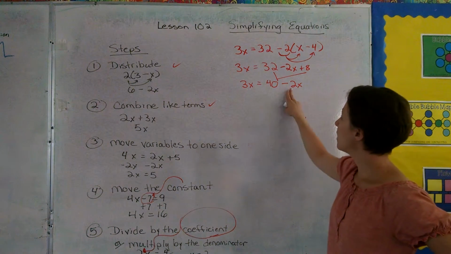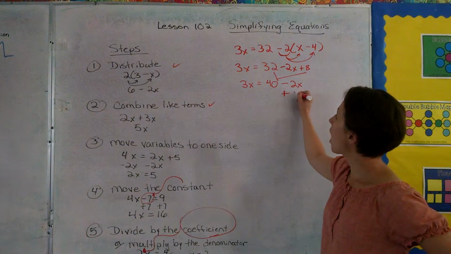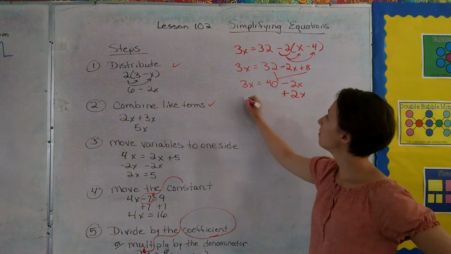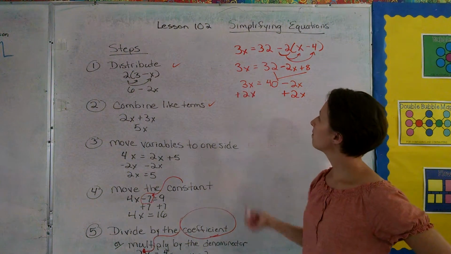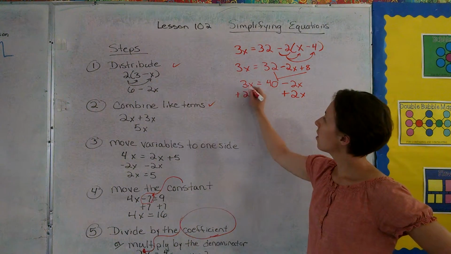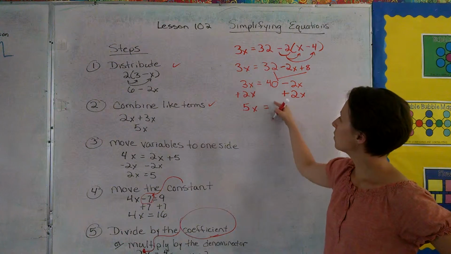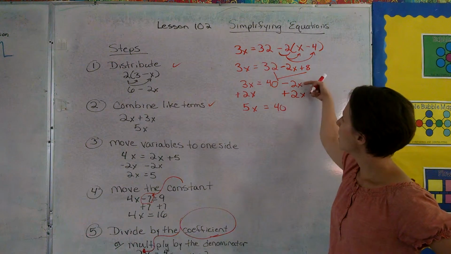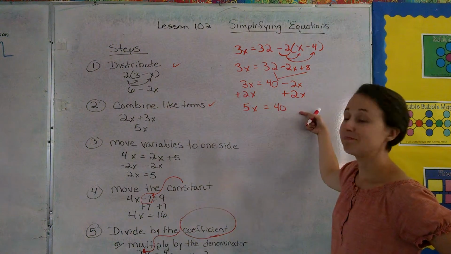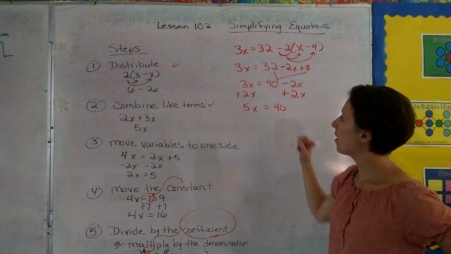To move it, because it's negative, I'm going to move it by doing the opposite, which means I'm going to add 2x to both sides. 3x plus 2x is 5x equals 40. Negative 2x plus 2x cancels out. I'm left with 5x equals 40.